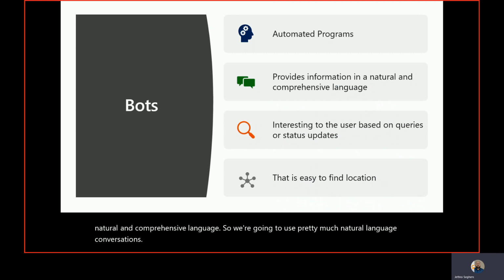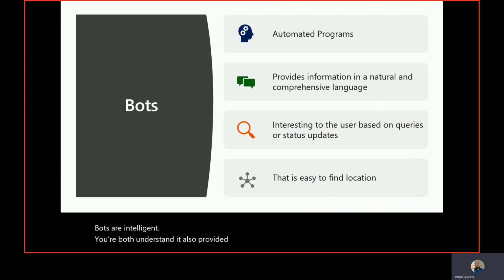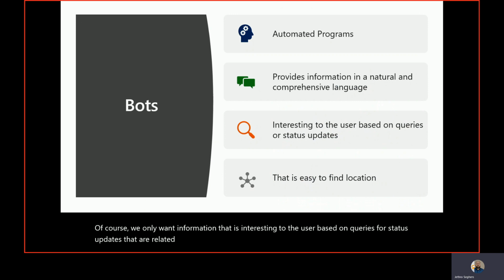And bots are intelligent enough to both understand what we're asking, but also provide it in an equally as comprehensive language back to us. Of course, we only want information that is interesting to the user based on queries or status updates that are related to the person who is requesting the information.